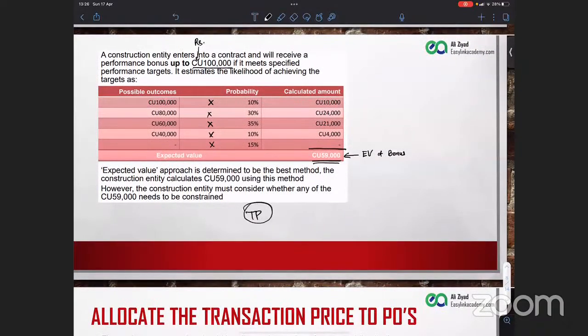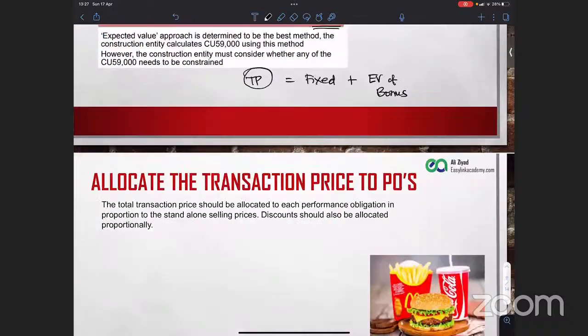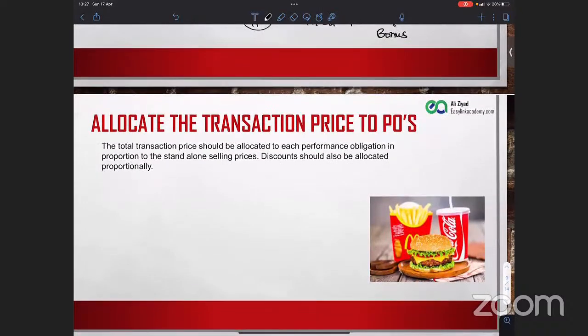It will be the fixed price, which is not given here, plus the expected value of bonus. So this is another instance when they give you multiple probabilities. But what we are mostly determined to do is knowing how to allocate the bundle discount. That's the most interesting part of this lesson, guys.